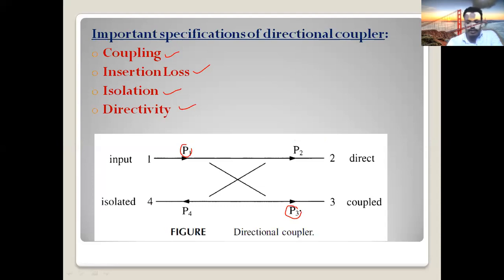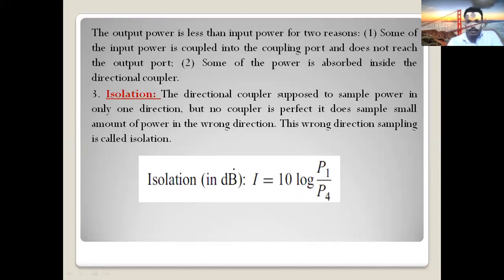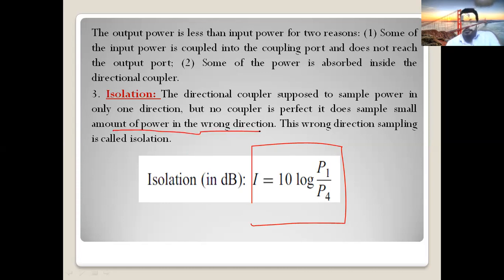That's what we call C. Insertion loss is how much power is lost due to attenuation, and isolation is given by this formula, 10 log of P1 divided by P4. What is P1? Input power. What is P4? The amount of power in the wrong direction.